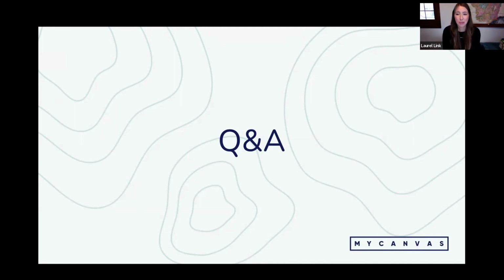Our email is help@mycanvas.com. It's pretty easy to remember. And also every single page on our website, in the top right corner, you'll see a question mark. So you can click that question mark and it'll tell you our email address and show you the FAQs that are already on our website, so you can get help right away.